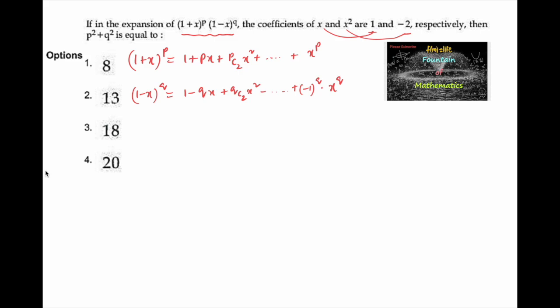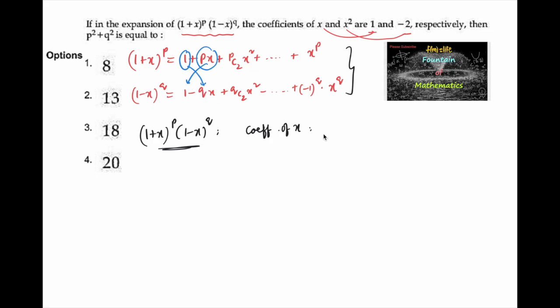And clearly we can say that to get the coefficient of x from the product (1 + x)^p (1 - x)^q, we need to multiply the constant with the x term or multiply the x with the constant term.